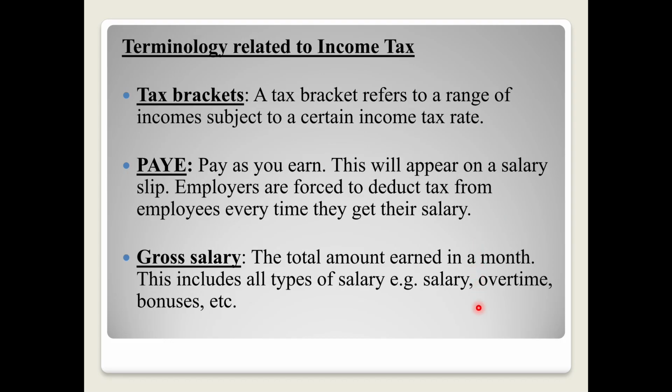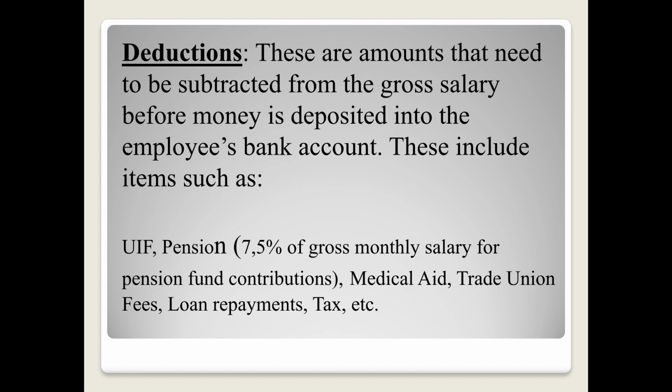Then we come to gross salary. So the total amount earned in a month, so this is all types of salary. In other words, all the money you earn, salary, overtime, your bonus, any of those things, they are your gross salary. So everything before deductions. Then we come to deductions.